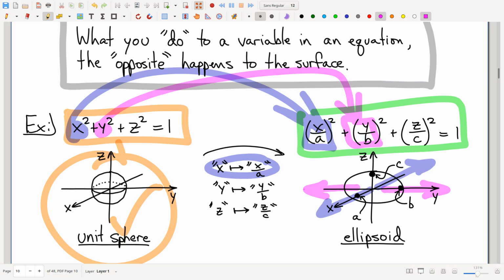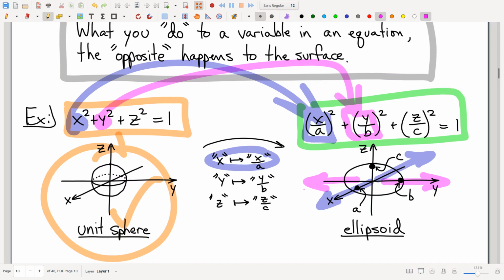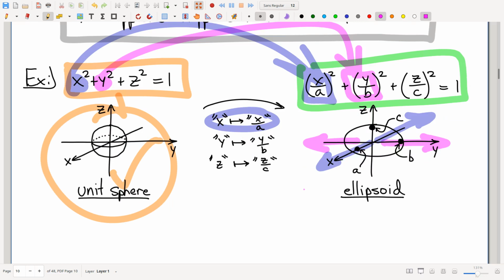So now I know exactly what this nastier algebra over here represents. This is whatever it is that you get when you take a sphere and stretch appropriately into 3 different directions by these factors that you can see, a, b, and c right there. So what happens geometrically when you stretch out a sphere? Well, you get what's called an ellipsoid, like so. Everybody good? Really useful trick.